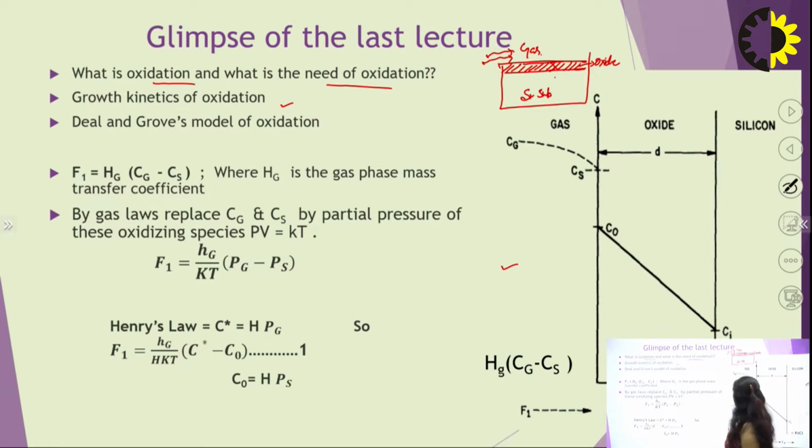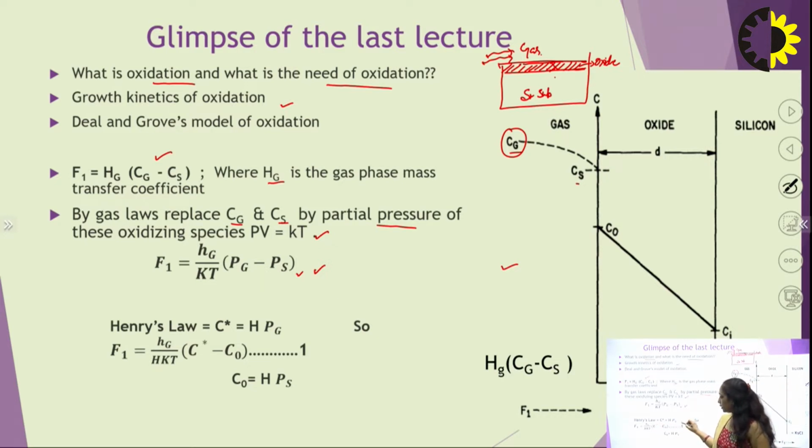The flux F1 in the gaseous region is equal to Hg times (Cg minus Cs), where Hg is the gas phase mass transfer constant, Cg is the concentration of oxidizing species in gaseous form, and Cs is the concentration of oxidizing species at the interface. By the gas law, replacing Cg and Cs with partial pressures using PV equals KT, F1 becomes Hg divided by KT times (Pg minus Ps), where Pg is the partial pressure in the gas and Ps is the partial pressure at the substrate end.